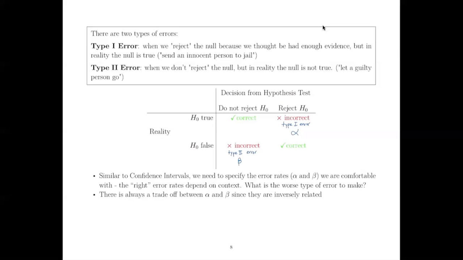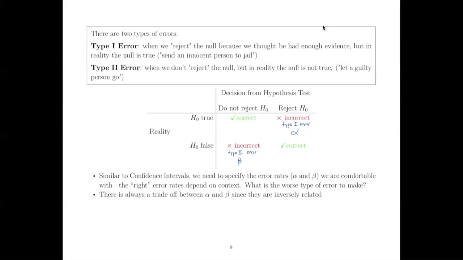But then also, you might have a more lenient judge who doesn't really want to put someone in jail unless they're totally sure, which means that you have a lot of innocent people going free as they should, but you run the risk that there might be some guilty people that go free. And there's no perfect world where we can make sure that both of those things happen. We can try our best, but there's always going to be mistakes.